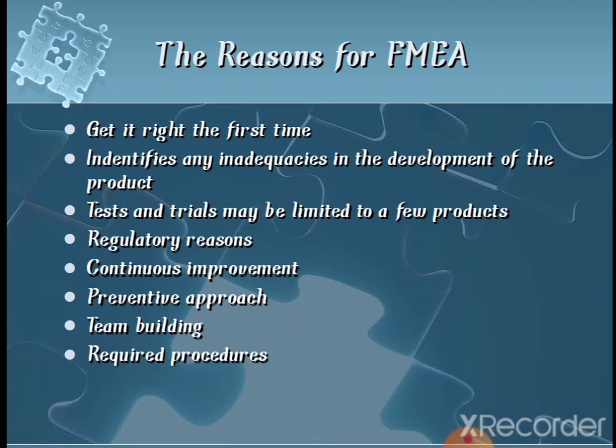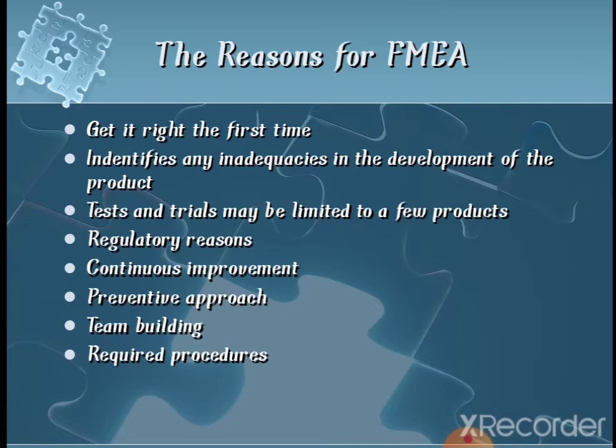Due to this, our economic crises are prevented. In short, we can make a continuous approach, and our continuous growth takes place due to this. FMEA is also used for increasing team building among workers. They work as a single team.